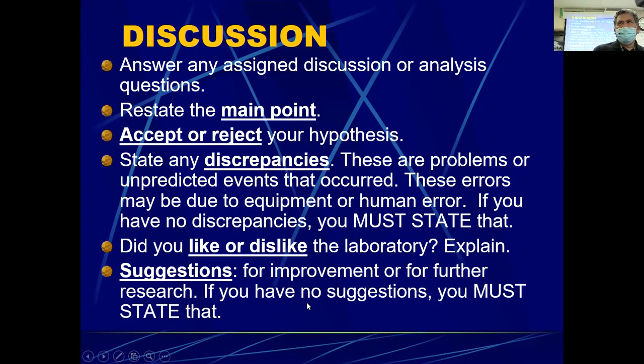I think the procedures should be rewritten because I didn't understand numbers 3 and 4. Next time, if I were to continue this experiment, I would do it with 5 different chemicals instead of 3. Now, those are all suggestions. So if you have a suggestion, you could state it there. And again, if you have no suggestion, you would state that there.